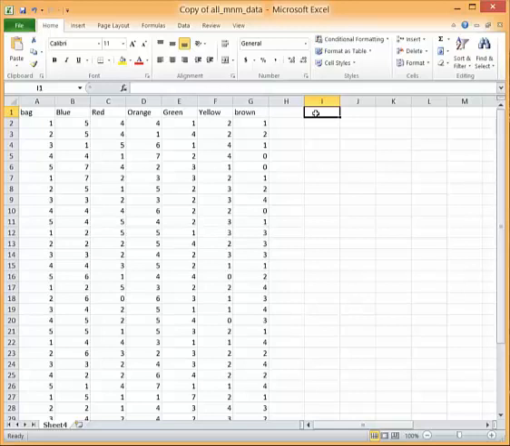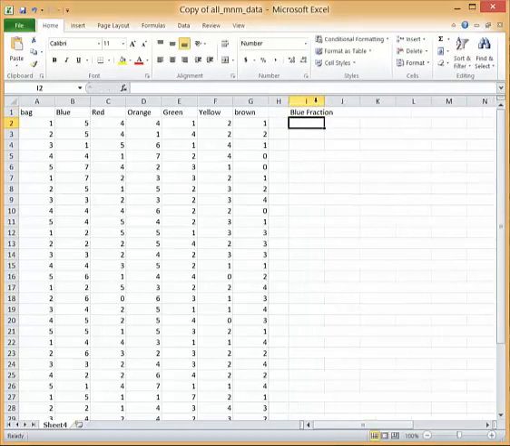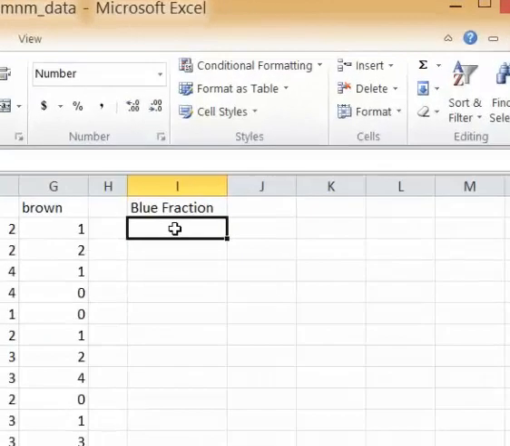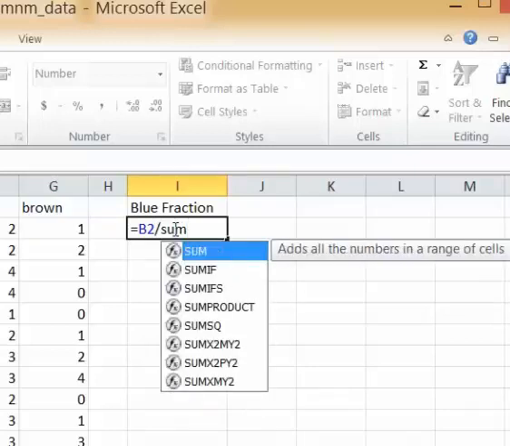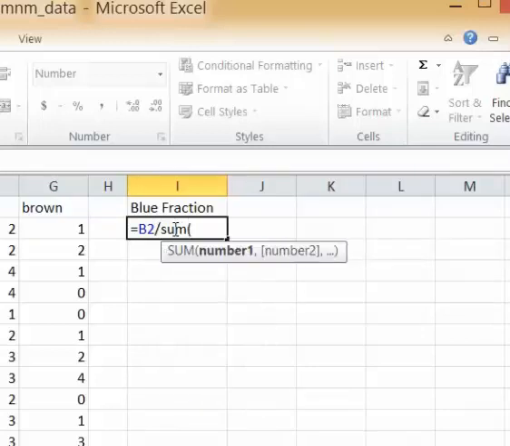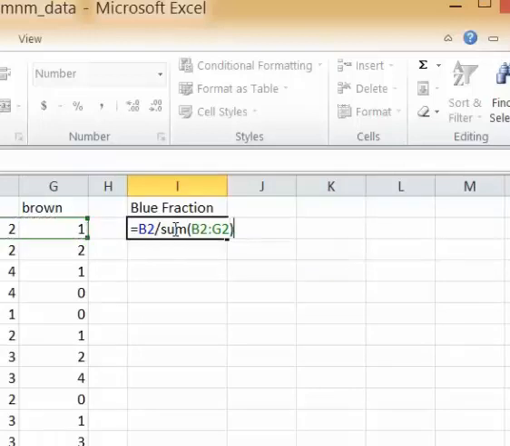Start off with labeling a column the blue fraction, and the equation that we'll put in here is the number of blue candies divided by the total number of candies found in that particular bag, which is the sum of all the candies that were there.